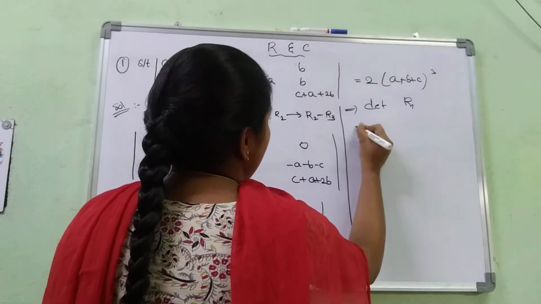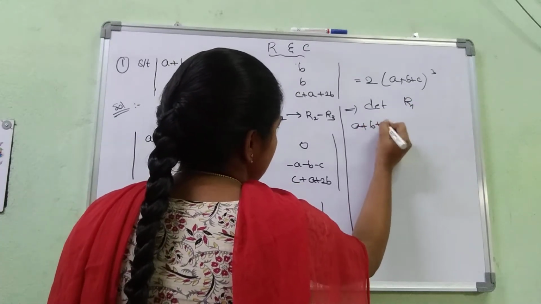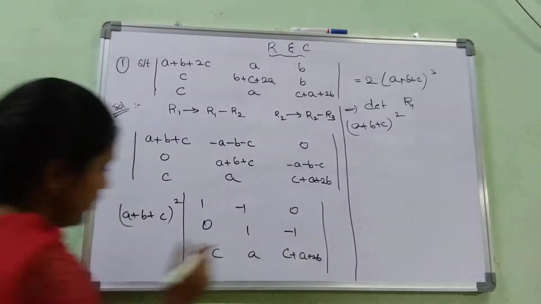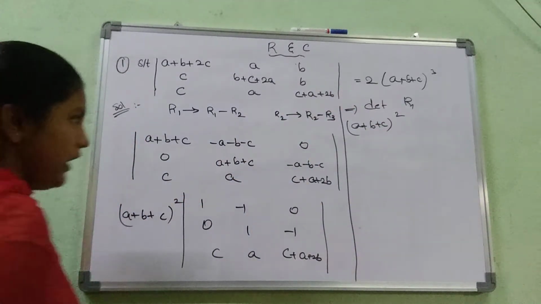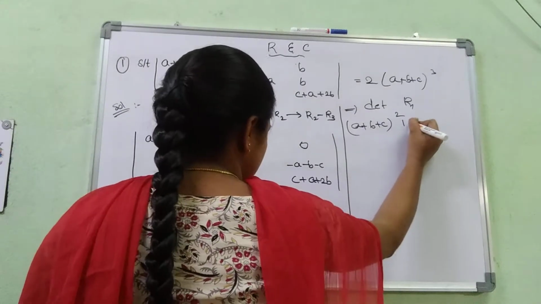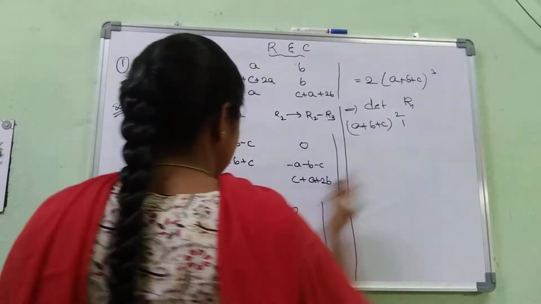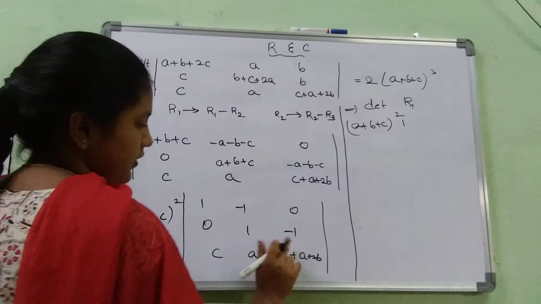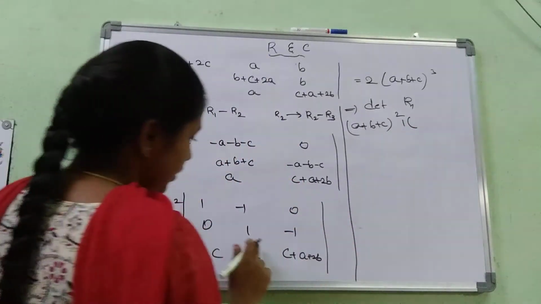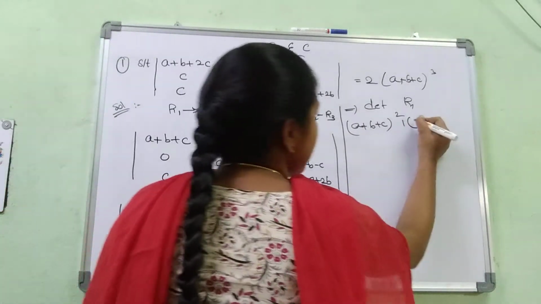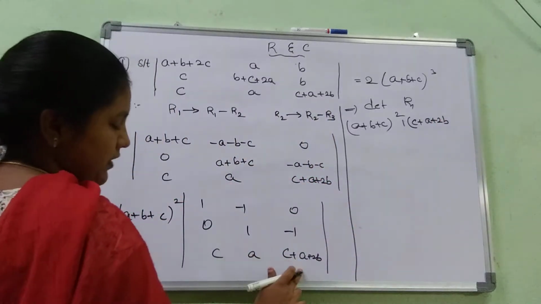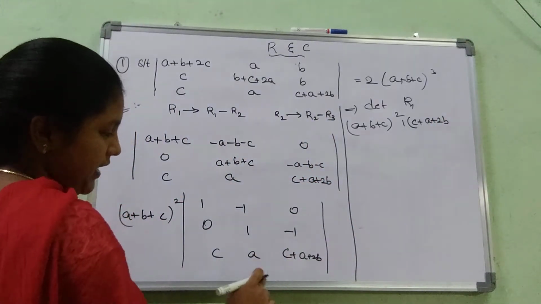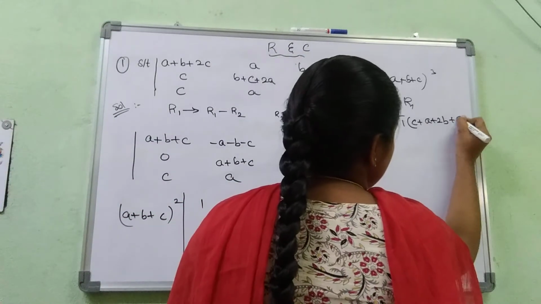So a plus b plus c whole square I have written as it is, and next we have to apply the determinant. Therefore 1 into c plus a plus 2b, minus of minus a, therefore plus c.